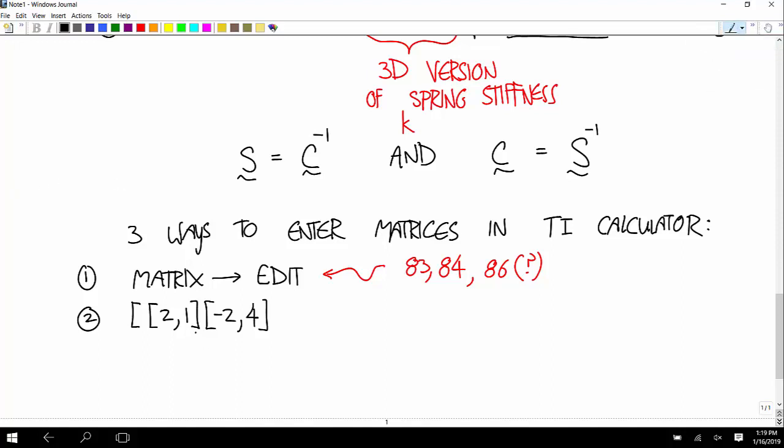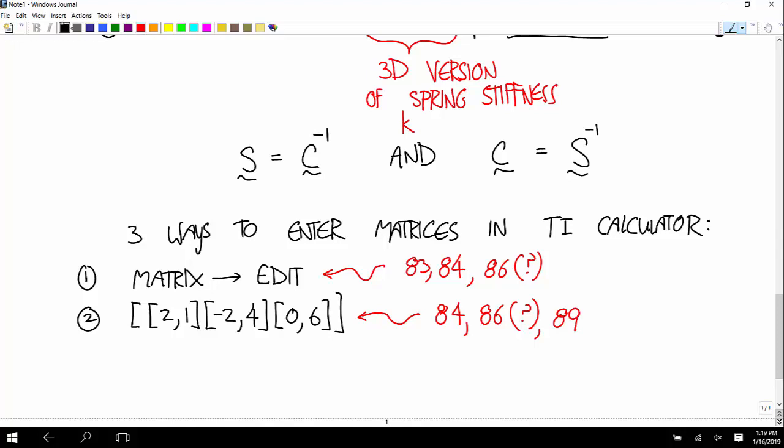Okay, so 2, 1, -2, 4, and then 0, 6. Yeah, rows. I think you can use this maybe not on 83s. You can on 84s and maybe on 86s. Yes, you can. You're right. Oh yeah, so that one's pretty flexible.